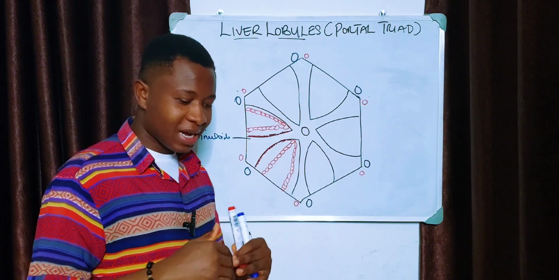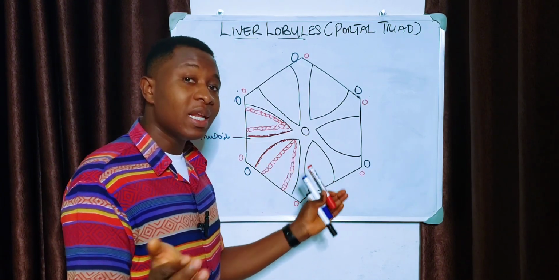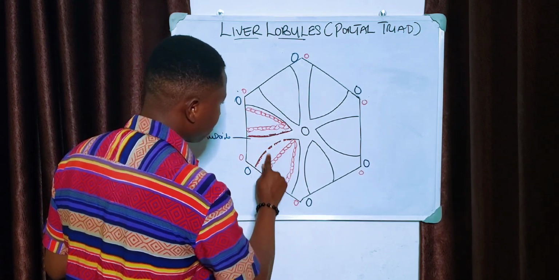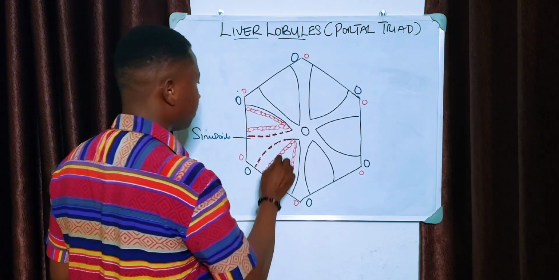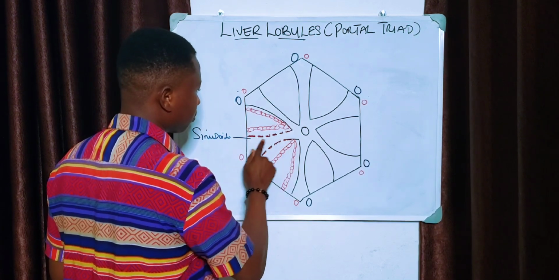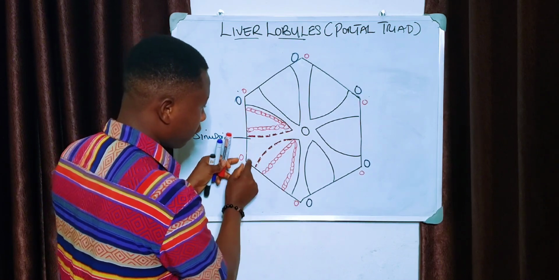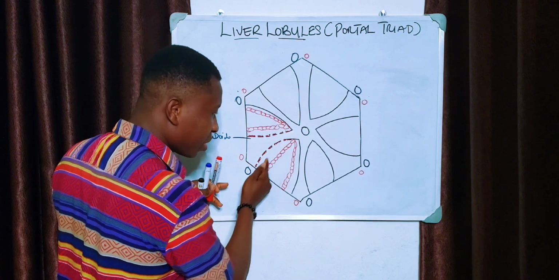They have openings that can allow substances to freely pass in and out of them. So you have pores that allow passage of substances. Okay, so substances can diffuse from the sinusoid space into this space.